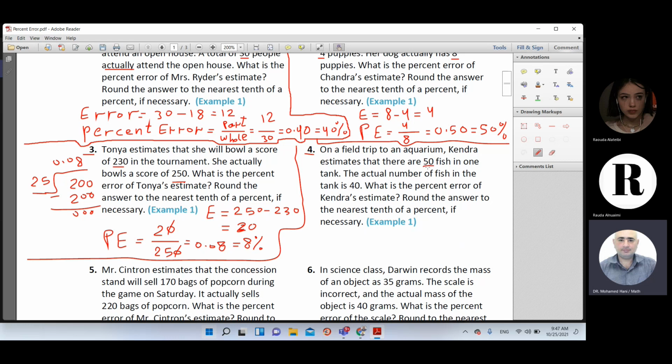We have 50 and we have 40. But the second value, as said before, is the actual number. So this is more real than the first value. So at the first, we want to find the error. The error means the difference between the two values, 50 minus 40 equals 10.